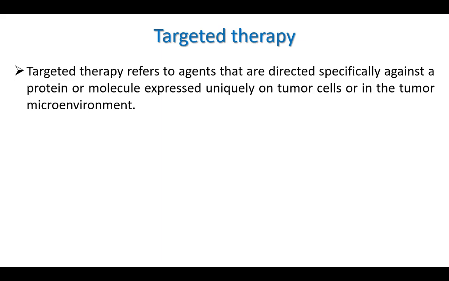Your normal cells will be spared. That's why the treatment of cancer is becoming better and better every day, less toxic and more personalized as well. So now you need to test the tumors for the presence of those molecules, and if they are there, then you can give them those specific therapies.